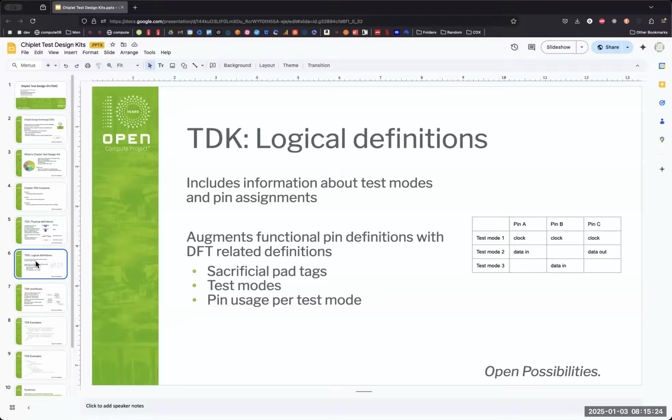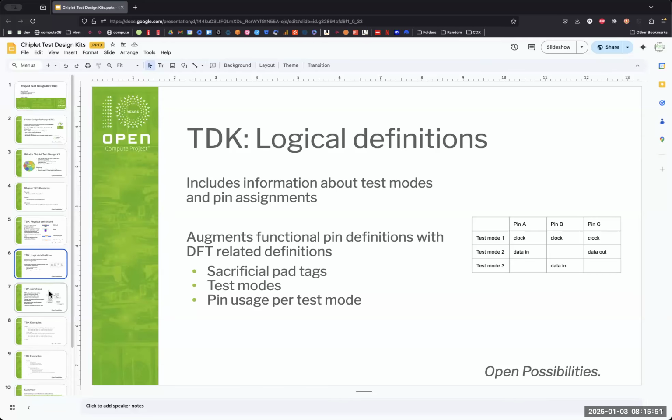So the final product may want to scrub that pin from the definition, if you don't want to allow your customers to fiddle with the test pins. And we also have the tags for sacrificial pads so that it's clear which pad and shape is a sacrificial pad, and it needs to be dealt with properly in the flow.